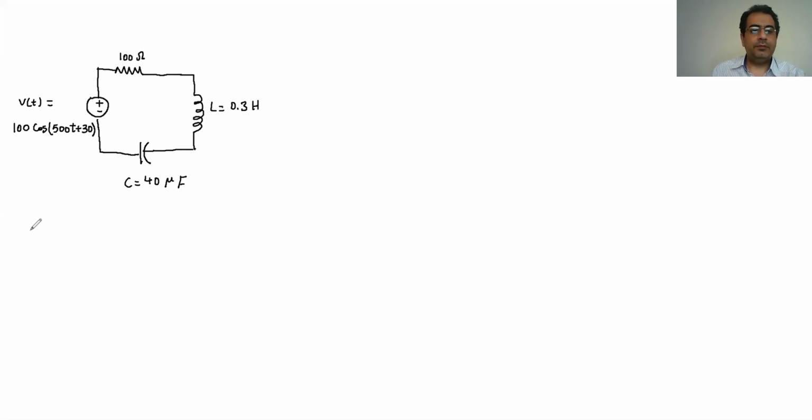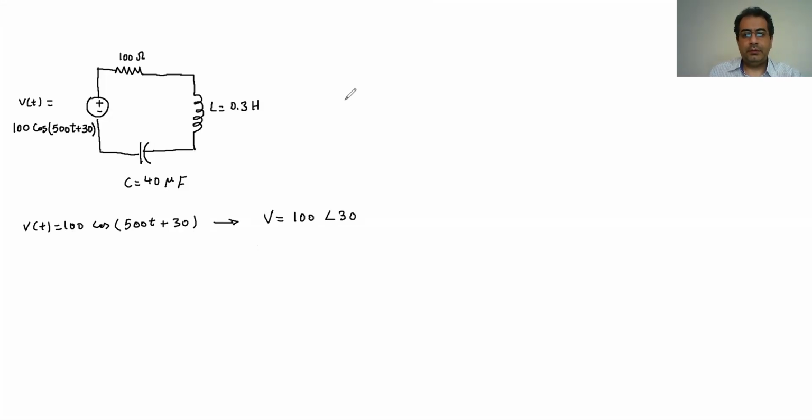The very first step, as I said, is to convert all the sources to phasor. V(t) is 100 cosine(500t + 30), so I convert it to the phasor: V is going to be 100 with angle of 30.